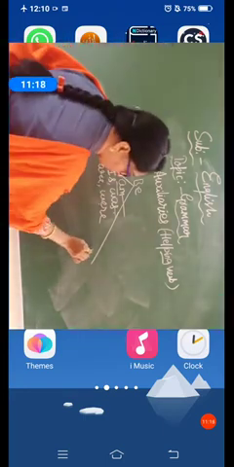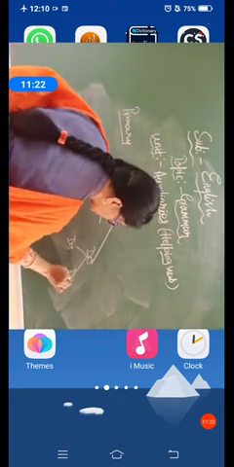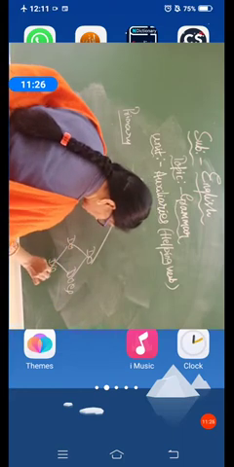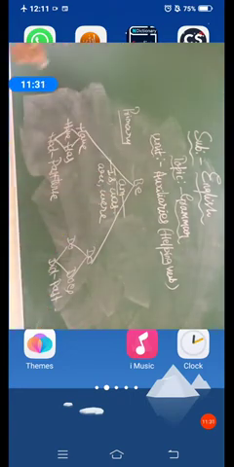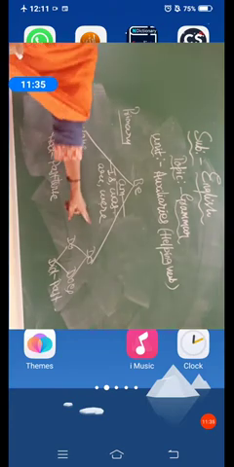Likewise, we have do. Then again three parts: do, does. Then we have did, which is past tense. Did is past. So be form, have form, do form.